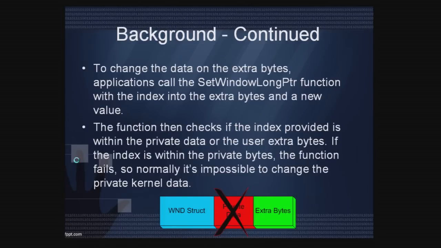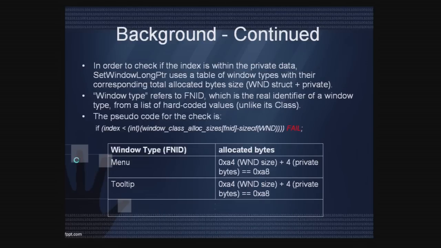To change the extra bytes of a window, you use the API SetWindowLongPtr. Naturally, when you're trying to change private bytes of a kernel window, it doesn't allow you to do it. But how does it know if you're trying to access private bytes or not?